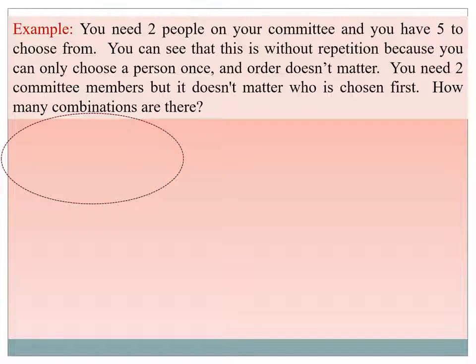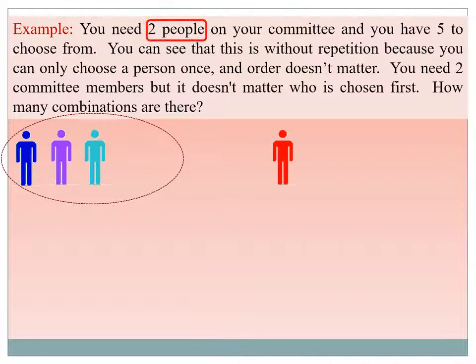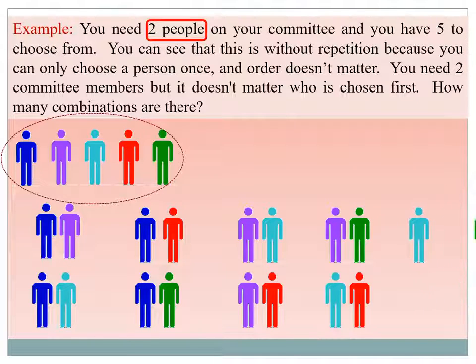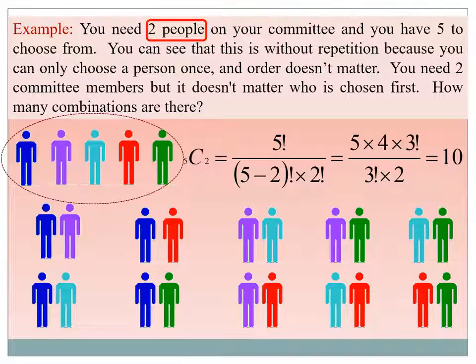So how many combinations are there? Here each person is indicated by a different color. We have a total of 5 people and you need to select 2 people from this group. So there are a total of 10 possible ways.